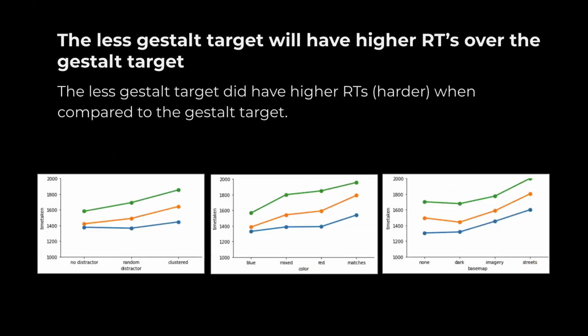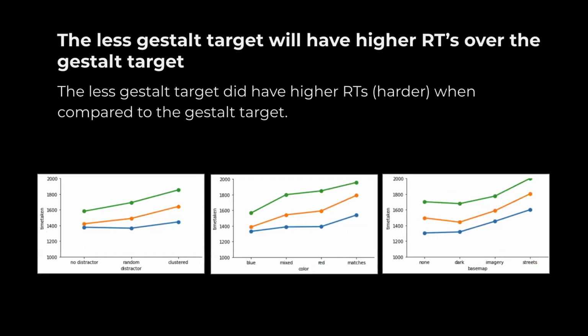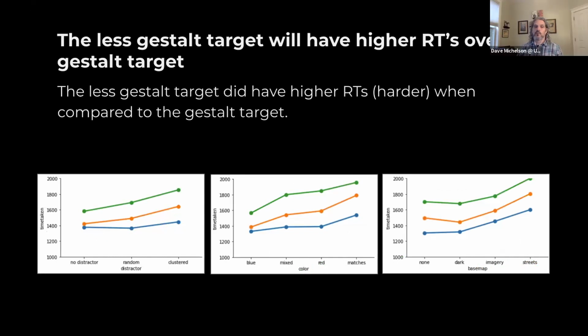So did the less Gestalt target have higher reaction times than the Gestalt target? Yes, in all cases it did. I looked at some statistics overall, and no matter what I do, that remains true. It's probably a little bit harder with the less Gestalt target.